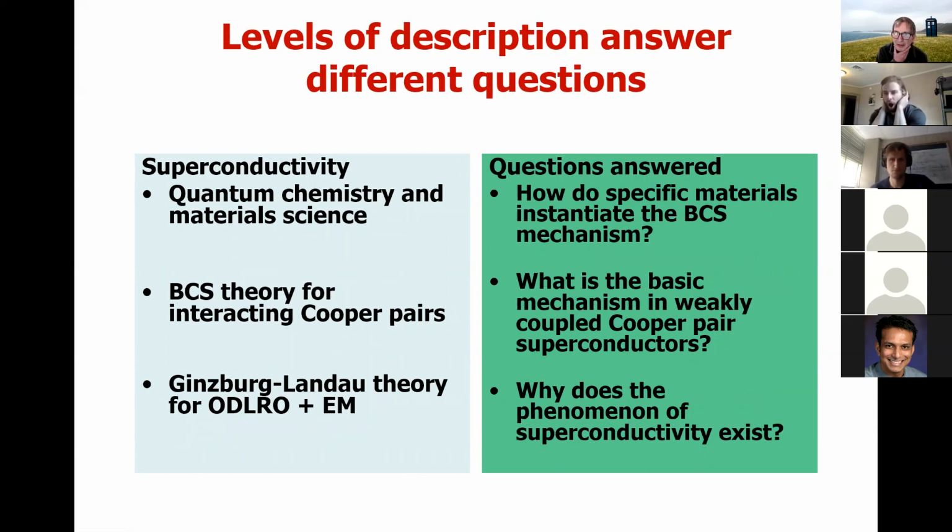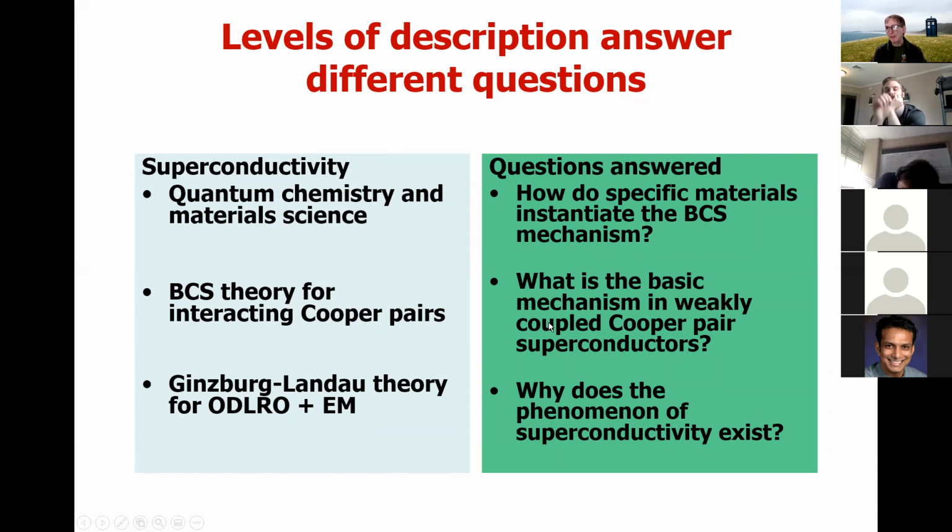And these different levels of description answer different questions. In superconductivity, the quantum chemistry and material science level of description is good for answering how specific materials instantiate the BCS mechanism of superconductivity. The BCS theory for interacting Cooper pairs answers the question, what is the basic mechanism in weakly coupled superconductors for superconductivity?